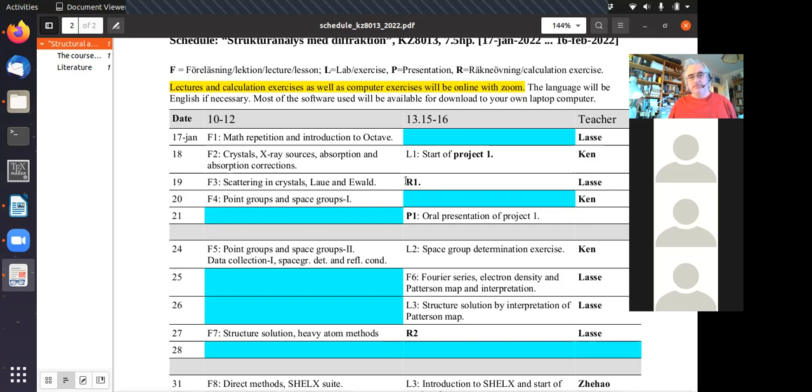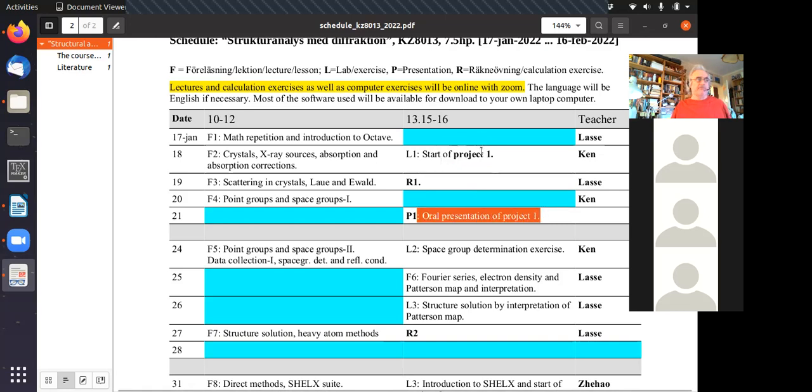So project works. The first project will be looking in databases. This was maybe more important some years ago, looking in databases and extracting structural information, and then drawing pictures. And we finish off on Friday with a short oral presentation.